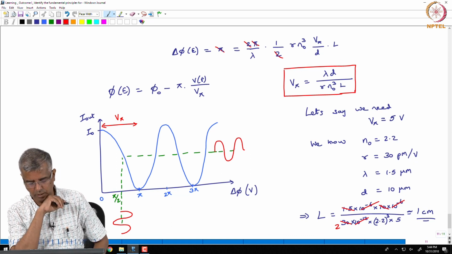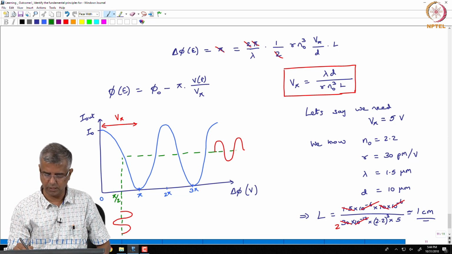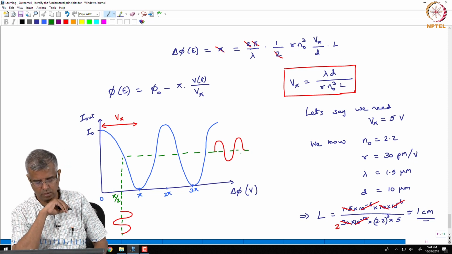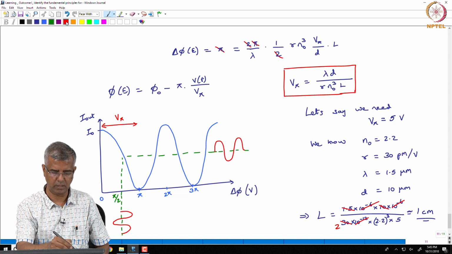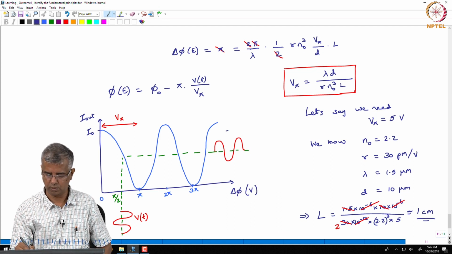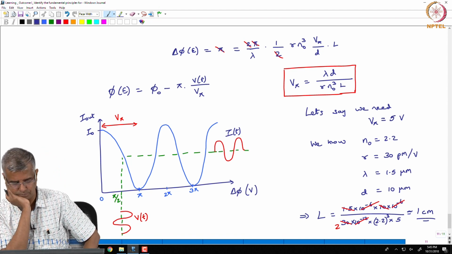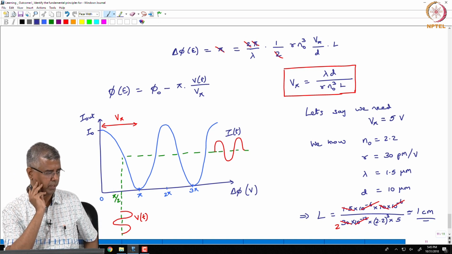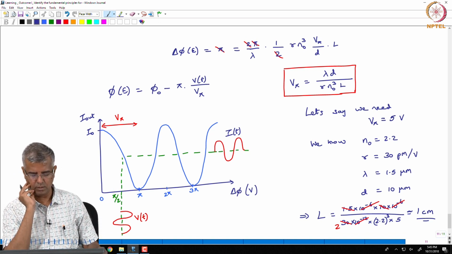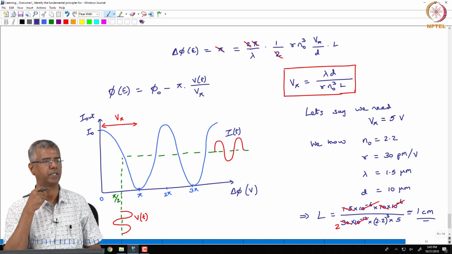So, you can essentially imprint your modulation, which is in voltage, V of t, and correspondingly you have an output intensity which is changing with respect to time. This is what we call intensity modulation using this Pockels effect.